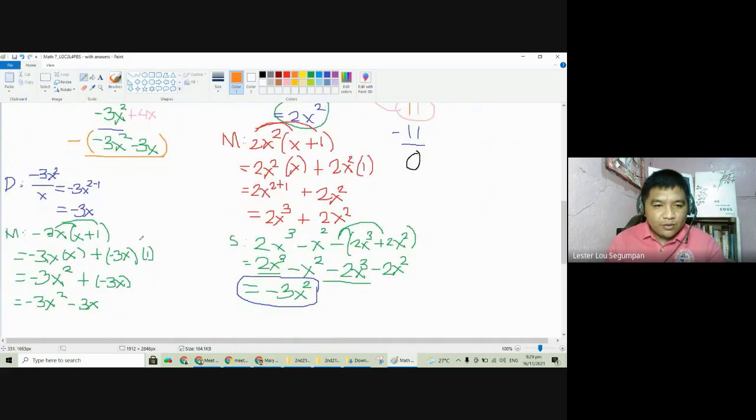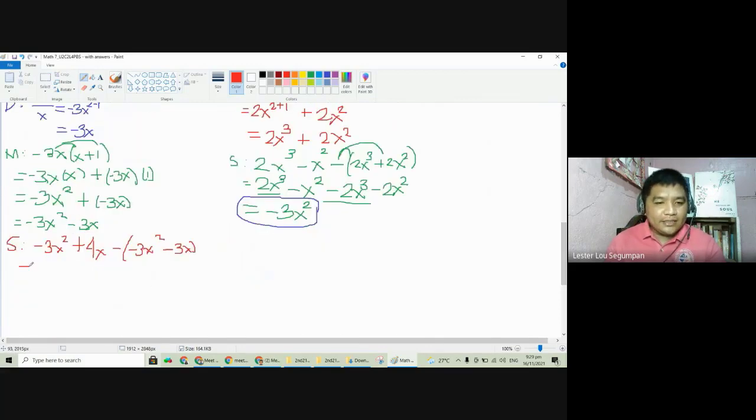Oh, it's supposedly to be a red colored operation, so pardon for that. Let me use red for the subtraction. So you have negative 3x squared here plus 4x will be subtracted by the second product, rather, negative 3x squared minus 3x. Take note of the grouping symbol because we will be changing the signs here.